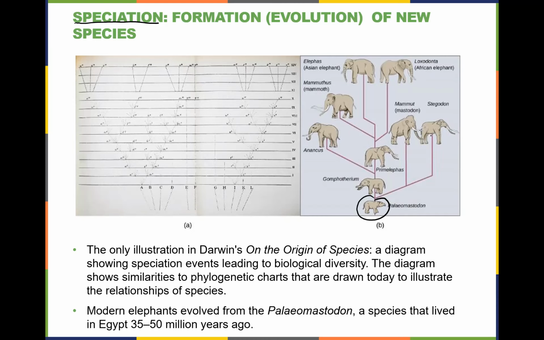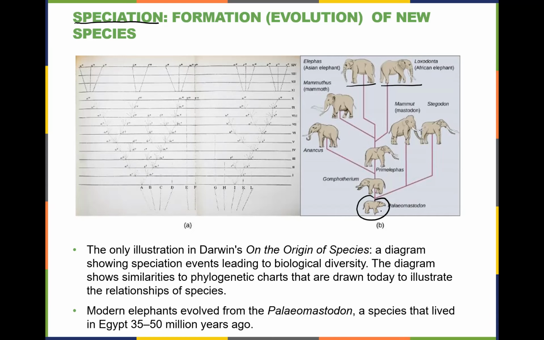And at the end, as we know right now, there are two main types of elephants, the African elephant and the Asian elephant.